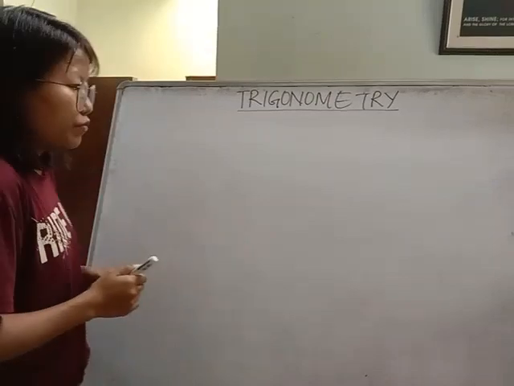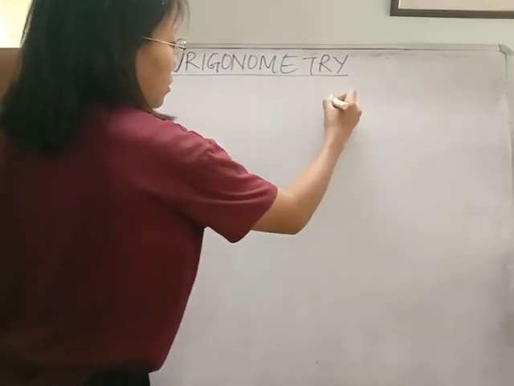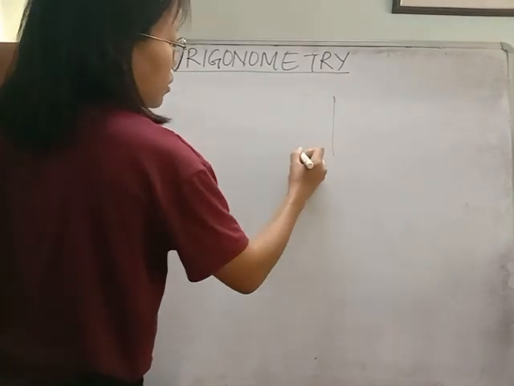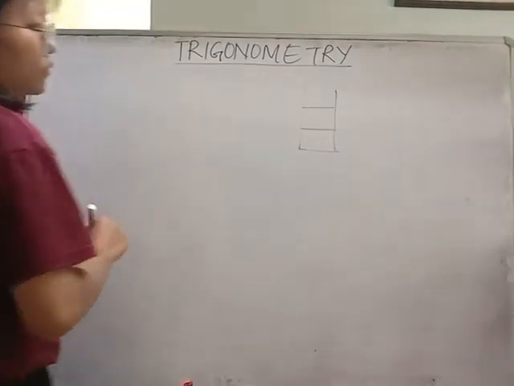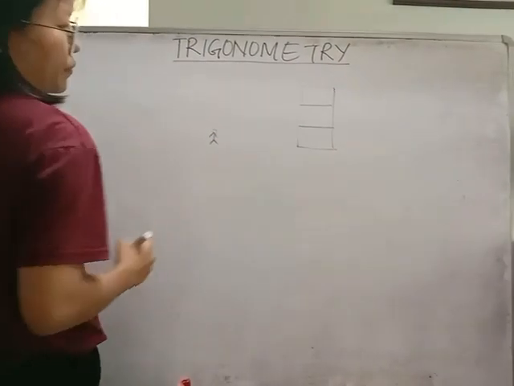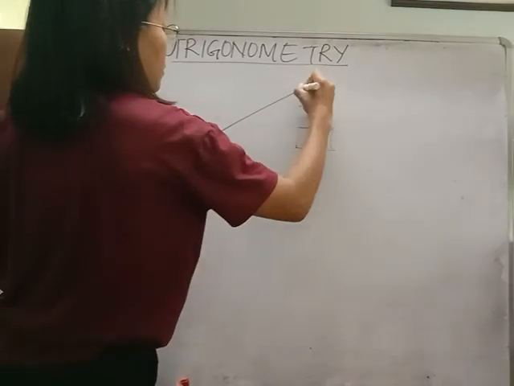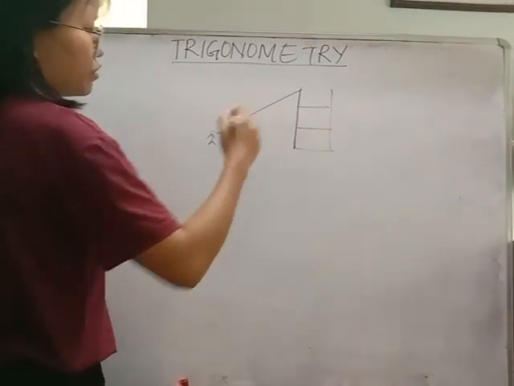Let me give a few examples. Suppose your school is a 3-story building. You are standing here looking at the top of your school. This is the height of your school.